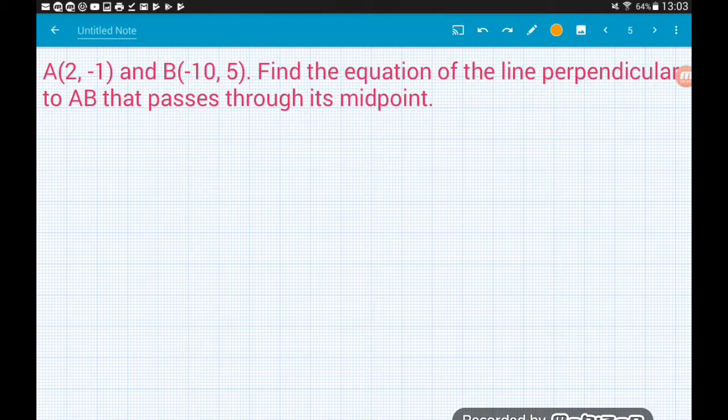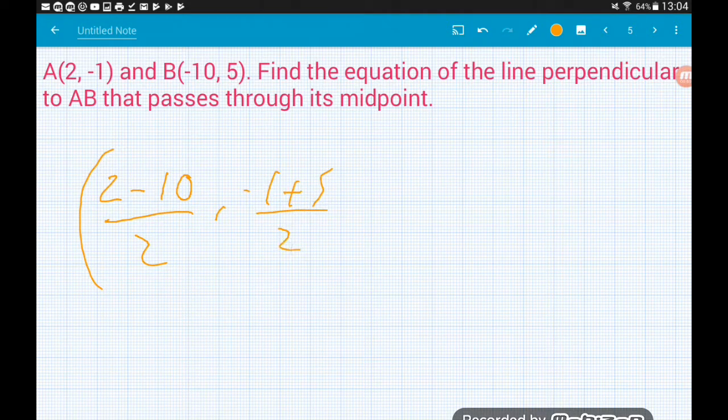So, again, the midpoint is the average of the coordinates. If we add the x values, we've got 2 + (-10), that's 2 - 10, over 2. And then for the y coordinates, we've got -1 + 5 over 2.